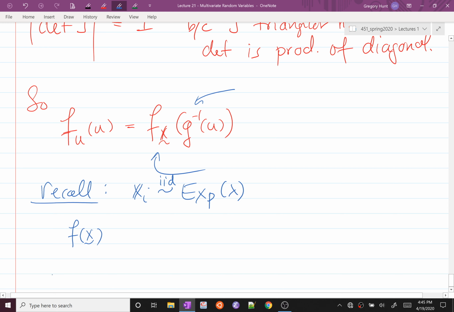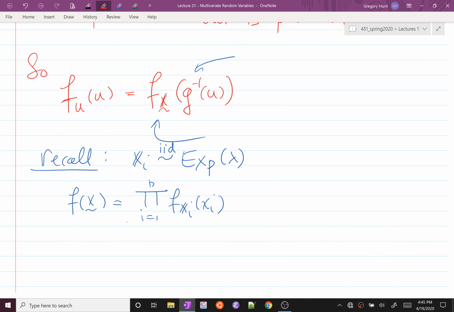If I look at the joint distribution, I'm writing this as f of x tilde. That's just shorthand for f of x1, x2, x3 to xn. Because they're independent, I can just write this as the product of the marginals.